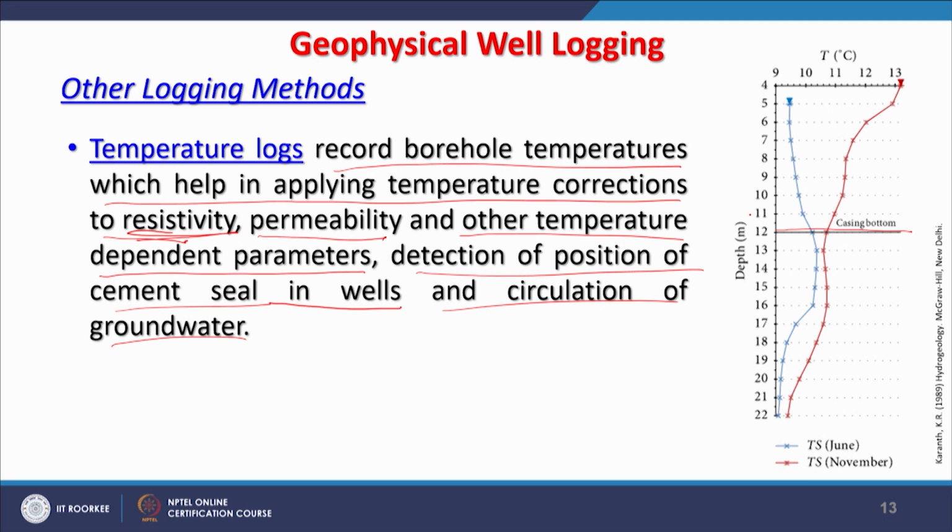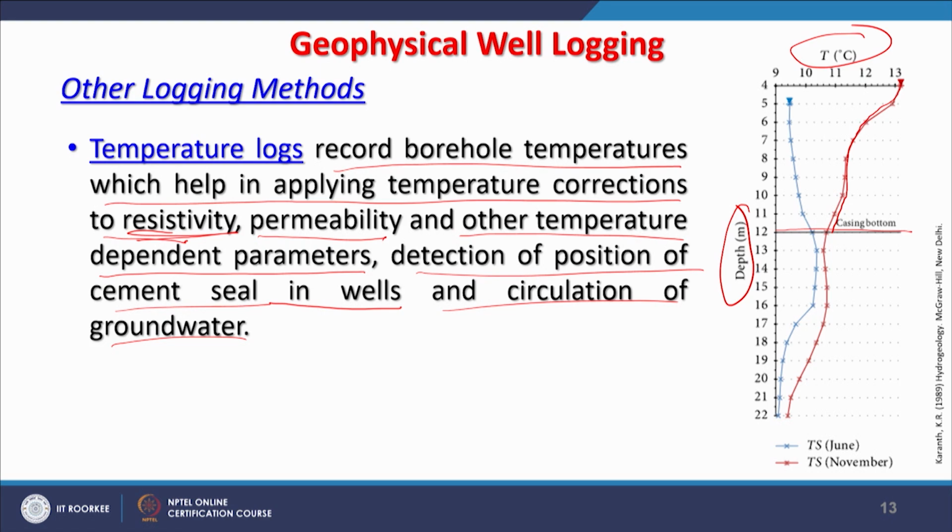Here the depth is shown, and here the temperature. Like 13 degrees, as you go lower, the temperature in November keeps getting lower, but in case of June there is not much variation in the temperature.